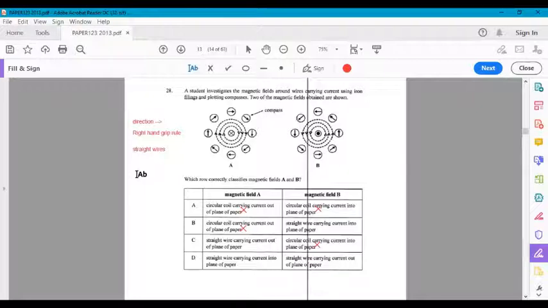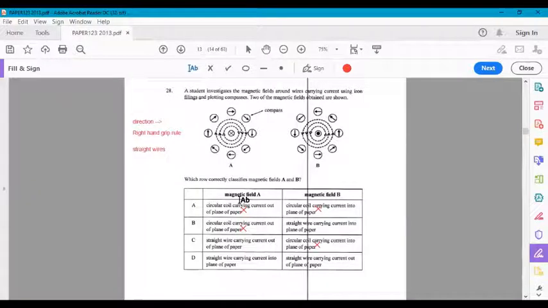So let's say they represent arrows, okay? So if we're trying to denote coming out of the paper, like towards you, then you would see a dot, okay?